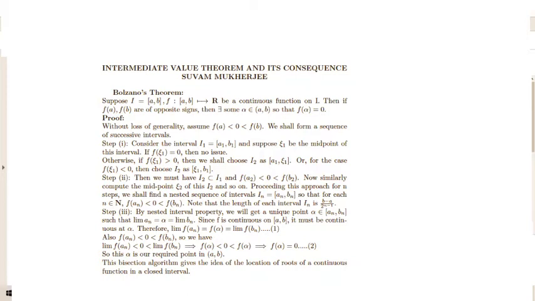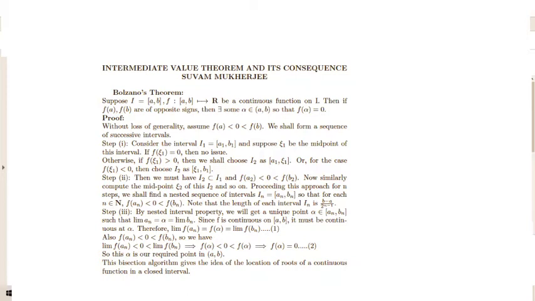So initially, this theorem is known as Bolzano's theorem. It states that suppose I equals [a, b], a closed and bounded interval, and we are considering a function f from [a, b] to R. Then if f(a) and f(b) are of opposite signs, then there exists some alpha in the open interval (a, b) so that f(alpha) will be 0.